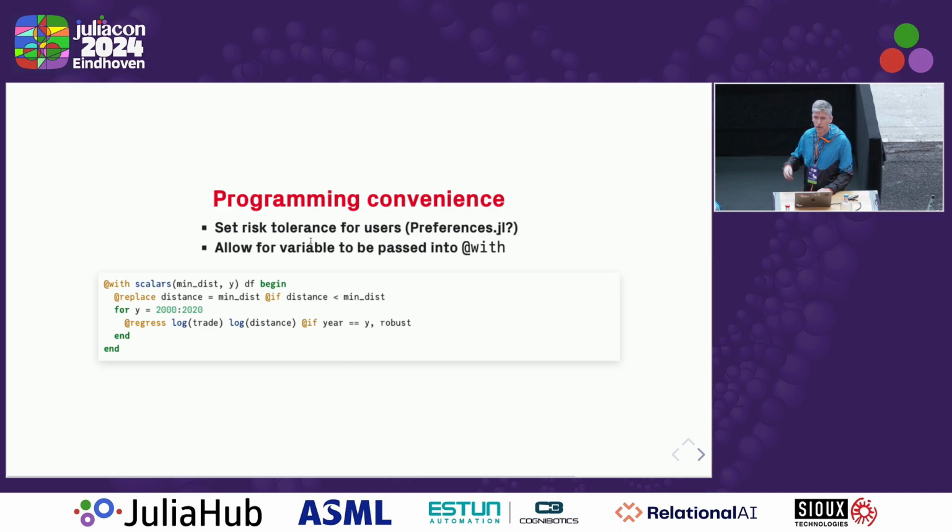I mentioned that we want to parameterize the risk tolerance of the user. Like, do you want Kezdi.jl to behave more like Stata, or do you want it to behave more like Julia? Okay. And so we think that it would be helpful to the user to make this choice explicit. So maybe we can use Preferences.jl for that. And then an additional thing we're working on is passing variables into our begin end block, into this local scope.